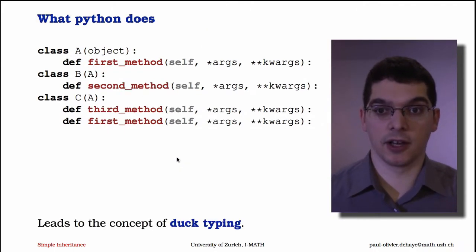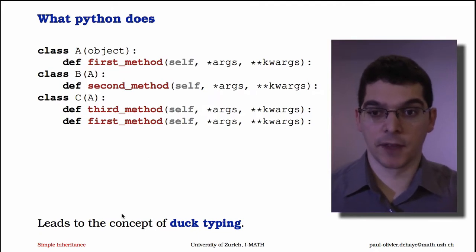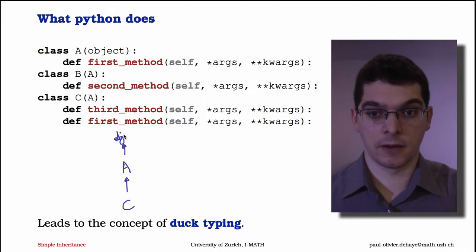So how does it work for Python? How does it do it? Well, as I was drawing, it has this mental picture of C inherits from A, which inherits from object.